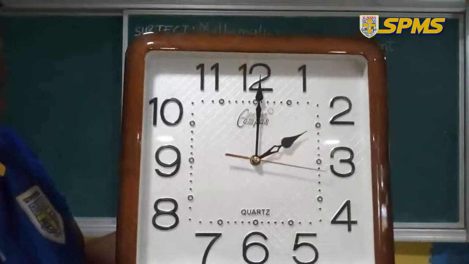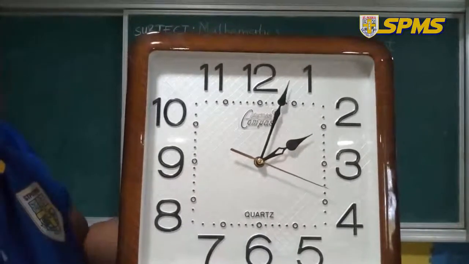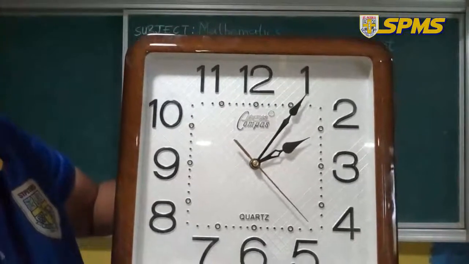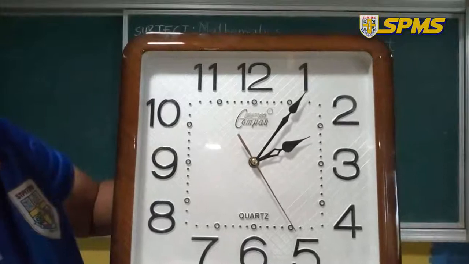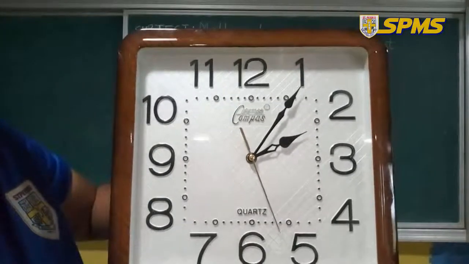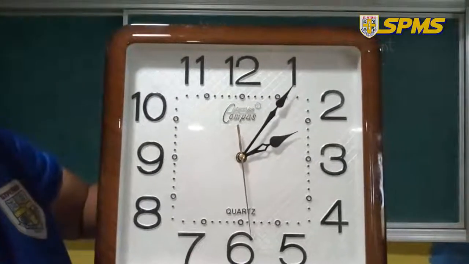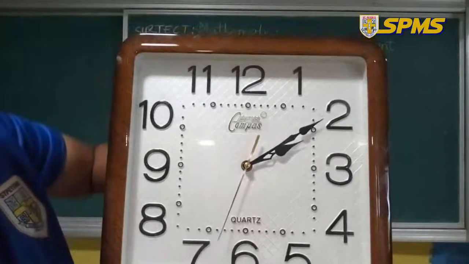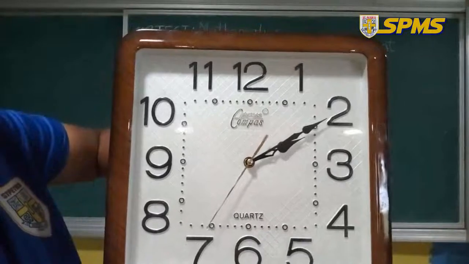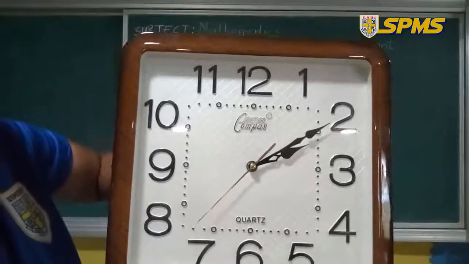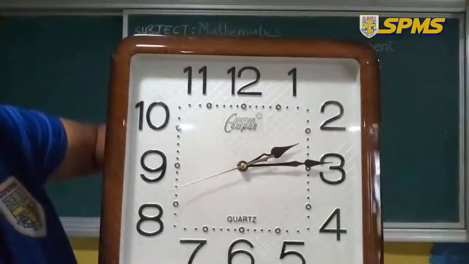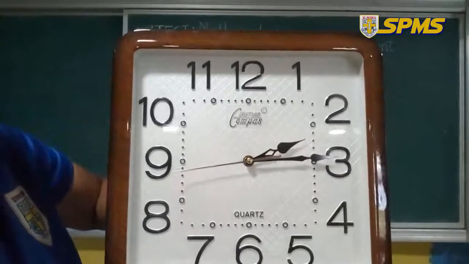So from 12, when the minute hand moves to 1, we said that it has made 5 minutes. 10. So another 5 minutes, we have 10 minutes. Another 5 minutes to make 15 minutes.